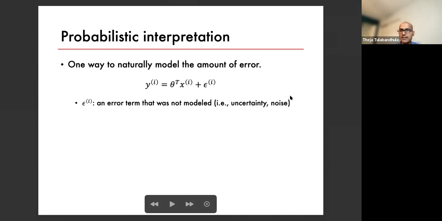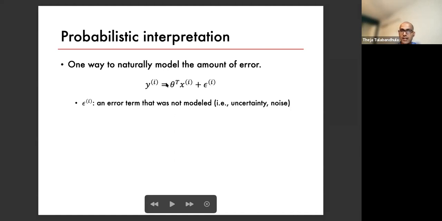Theta transpose xi is exactly our h theta, plus the addition of a number, this epsilon. This number, which looks like an e or an inverted 3, is epsilon, again a Greek symbol, epsilon i. So we are saying yi is equal to theta transpose xi plus epsilon i.